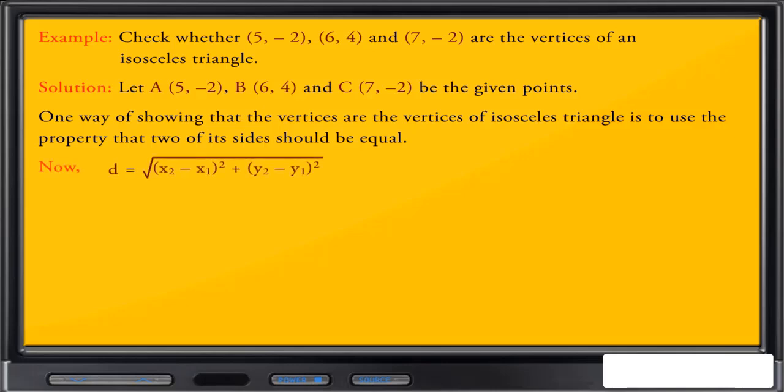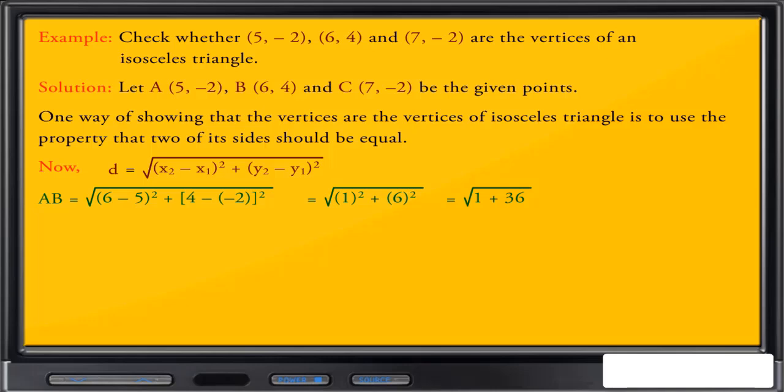Now by distance formula, AB is equal to under root of (6 minus 5) whole square plus (4 minus minus 2) whole square. This gives under root 1 square plus 6 square is equal to under root 1 plus 36 is equal to under root 37.